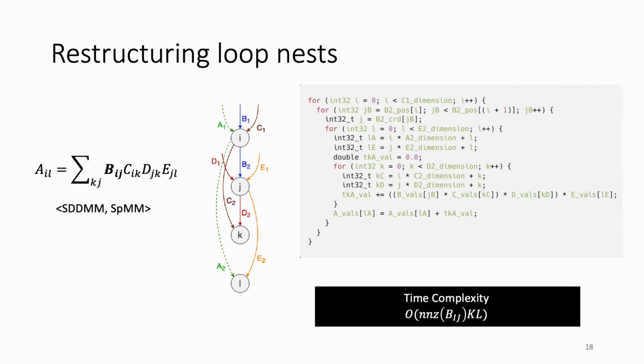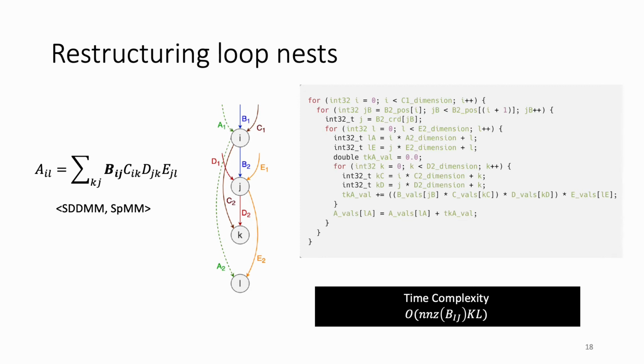Now to begin our transformation, we try to remove tensors from the back of the tensor compute expression. In this case, we try to remove the E tensor from the expression. We see that E goes from indices j to l, and that l is shared only by E and the output tensor A, in which case E can be safely removed from the original tensor expression.